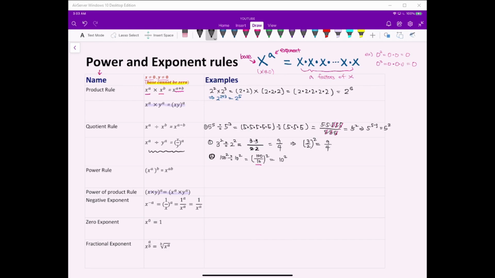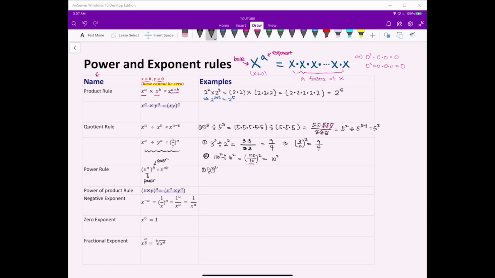Another rule that you will see often is the power rule. When you have a number expressed as a power of a power, then you can multiply the exponents to simplify it.